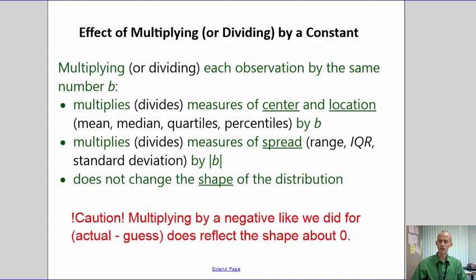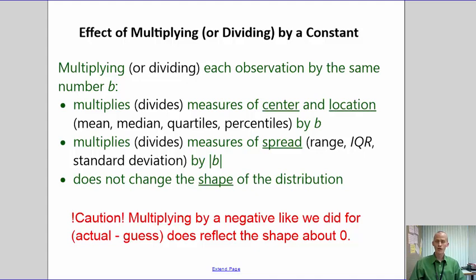So we take our median and multiply by that number, we take our quartiles and multiply by that number, and we take our percentiles and multiply by that number. Same thing applies to our spread. If we have our range or IQR, we multiply by that number, which is different than what happened when we added a constant. What doesn't change is the shape.